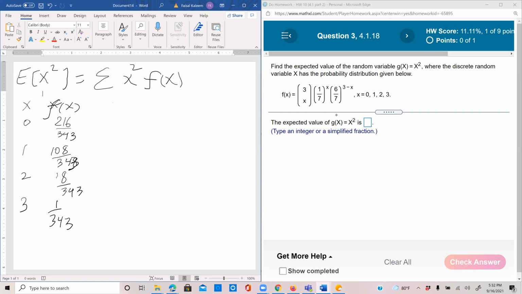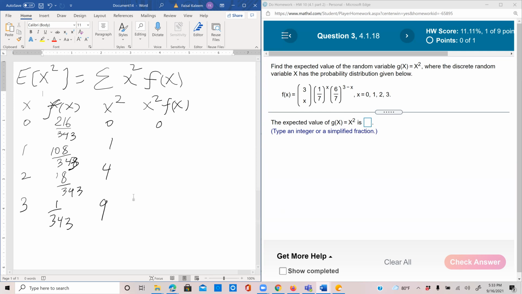And then we also need x squares. So you just square the values of x. So 0 squared is 0, 1 squared is 1, 2 squared is 4, and 3 squared is 9. And then we can make a column for x squared times f(x). This would be 0.